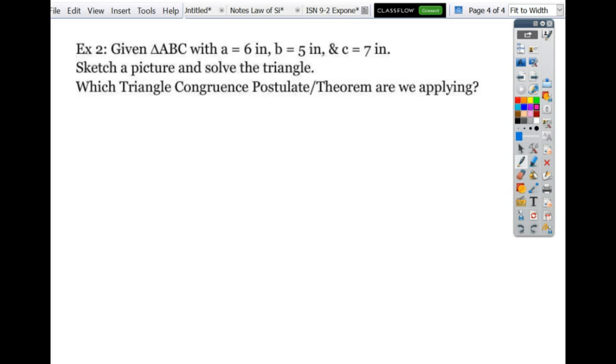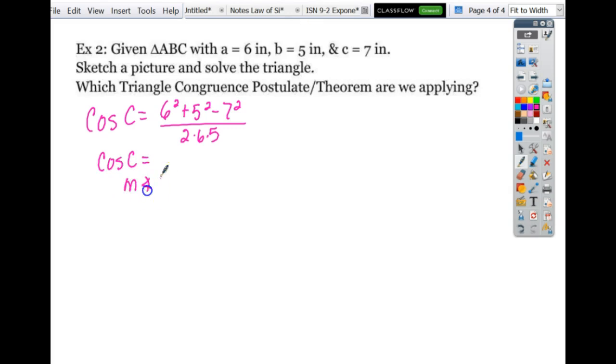Miss Archer, for find the angle, we always have to find the inverse. I got cosine equals 1 over 5. Then you get 12 over 60. Yes, I know, that's what I'm saying.